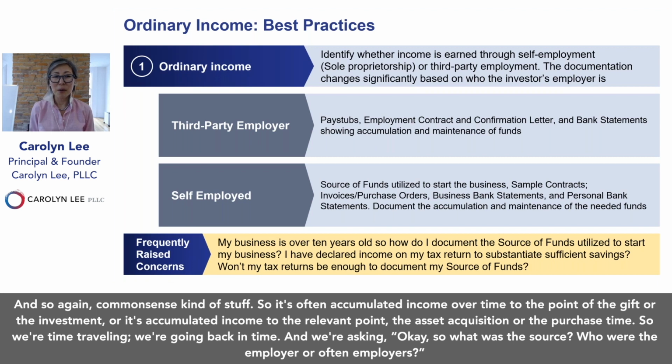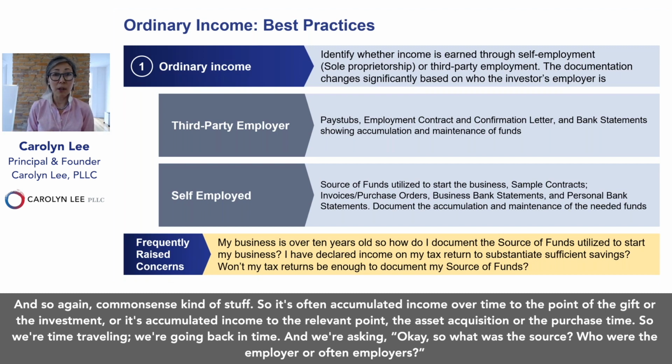Yeah, and so again, common sense kind of stuff. It's often accumulated income over time to the point of the gift or the investment, or accumulated income to the relevant point, the asset acquisition or purchase time. So we're time traveling, going back in time, and asking, okay, what was the source?